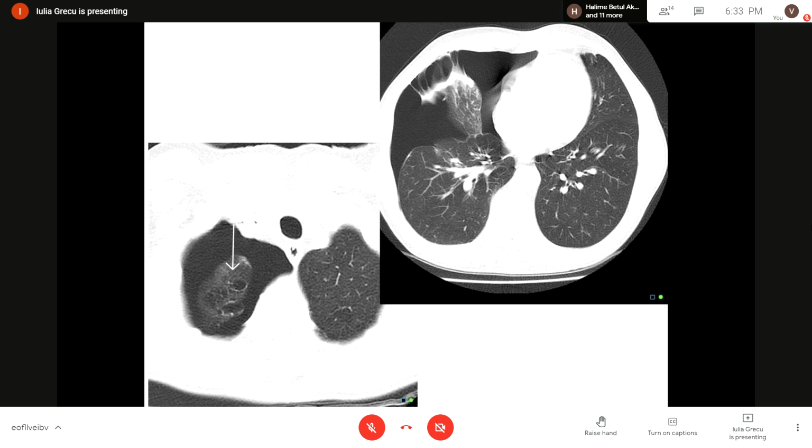So, CT of the thorax is used when you're not sure or you suspect a major complication, or you need more information about the underlying cause of the pneumothorax.